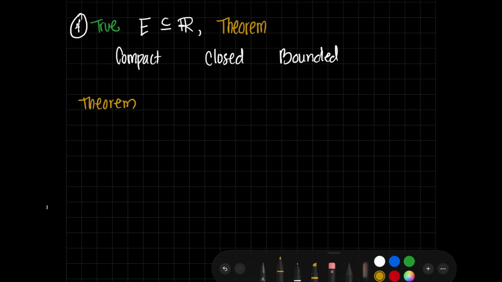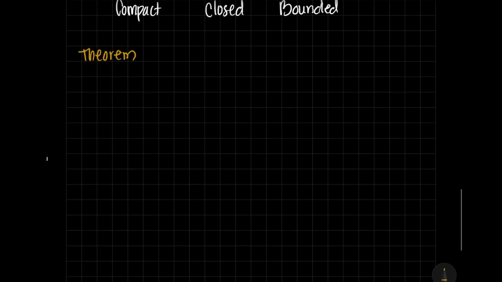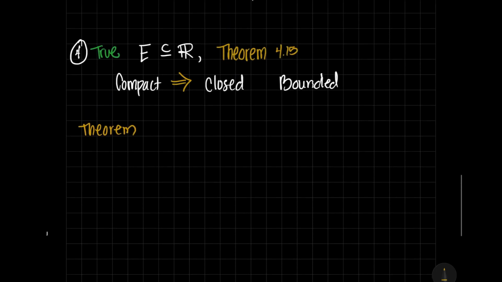Problem 4, set E is in the real space. So theorem 4.15 states that compactness is equivalent to being closed and bounded. Once we know that the set is compact, then theorem 4.16, the extreme value theorem, applies.